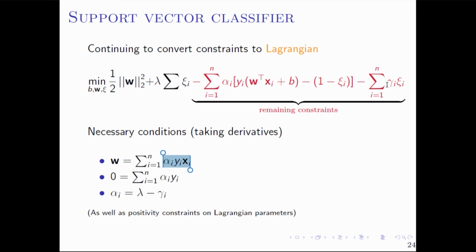And when you take the derivative with respect to b and set it to 0, you will get this equation. Taking the derivative of the function with respect to w equal to 0, and with respect to b equal to 0, you get these equations. And when you take the derivative with respect to xi and set it to 0, we will get this.